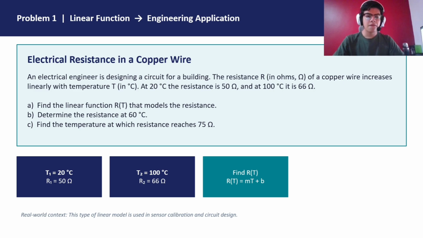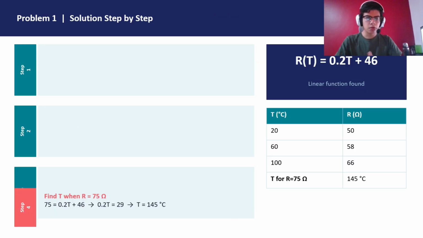C, find the temperature at which resistance reaches 75 ohms. Below that, we see the units for this problem, to make it easier for you. So let's start. Problem one.